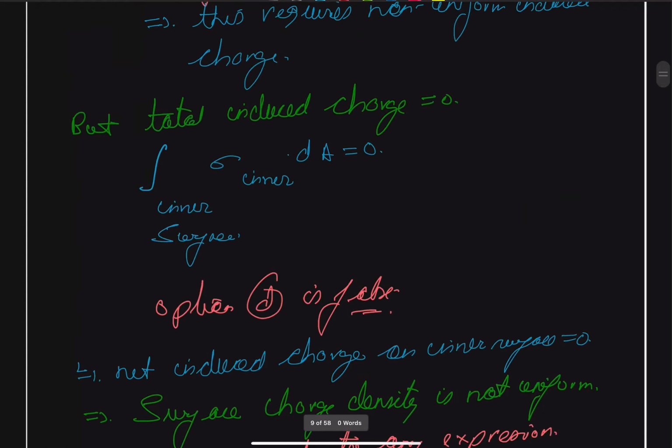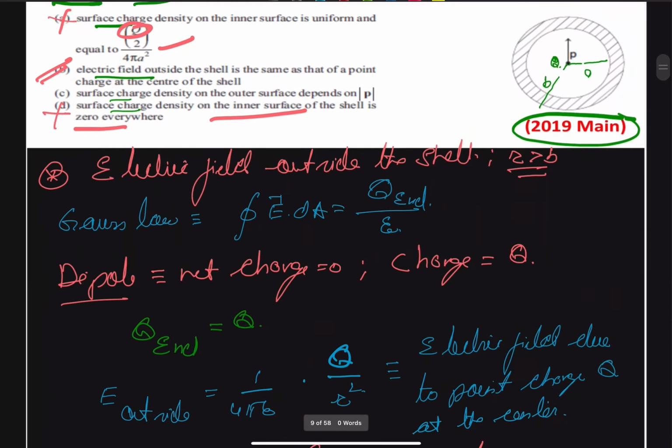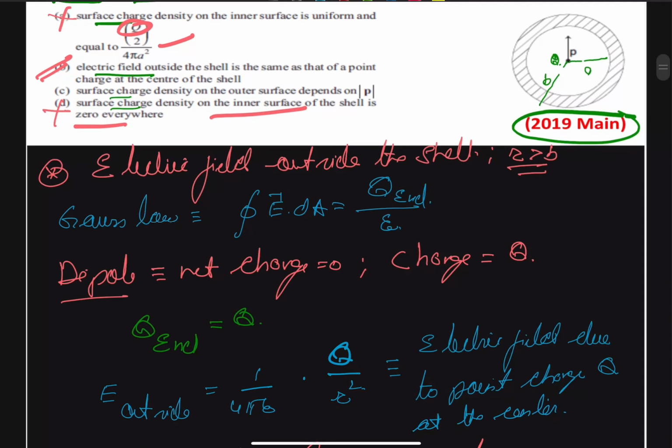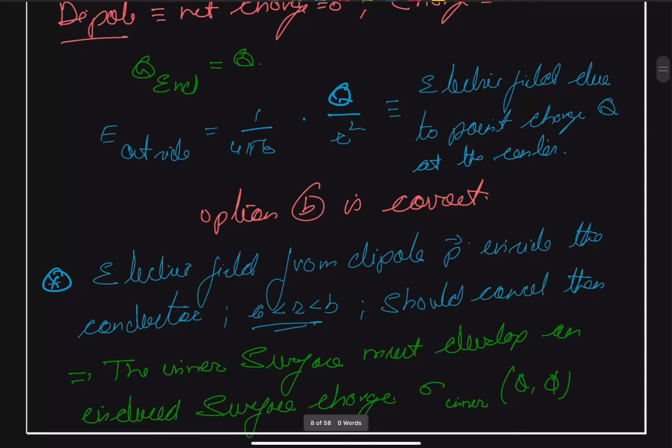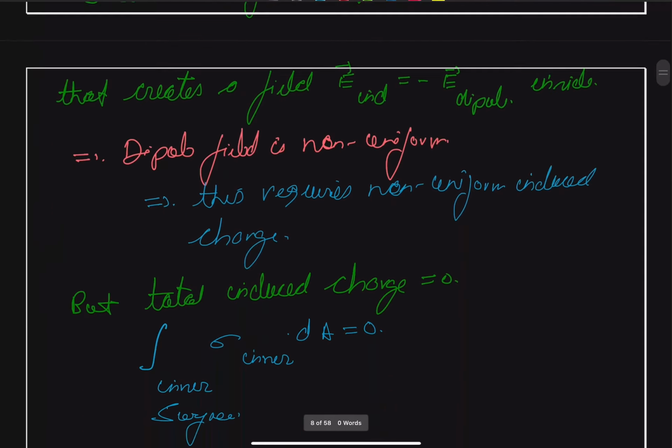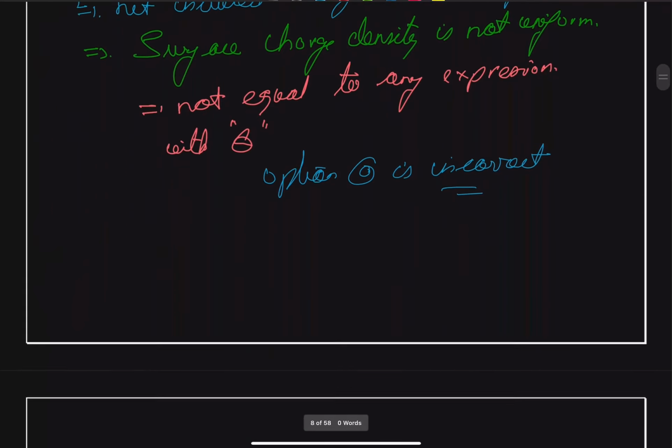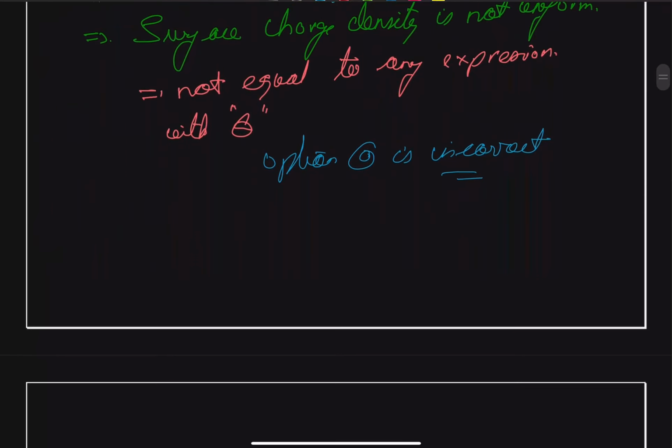And finally we come to option C, which states the surface charge density on the outer surface depends upon P, which is our dipole moment. We know that the outer surface is going to carry the entire charge q, because the dipole does not contribute to net charge. And the inner induced charge is already 0, we just concluded it.